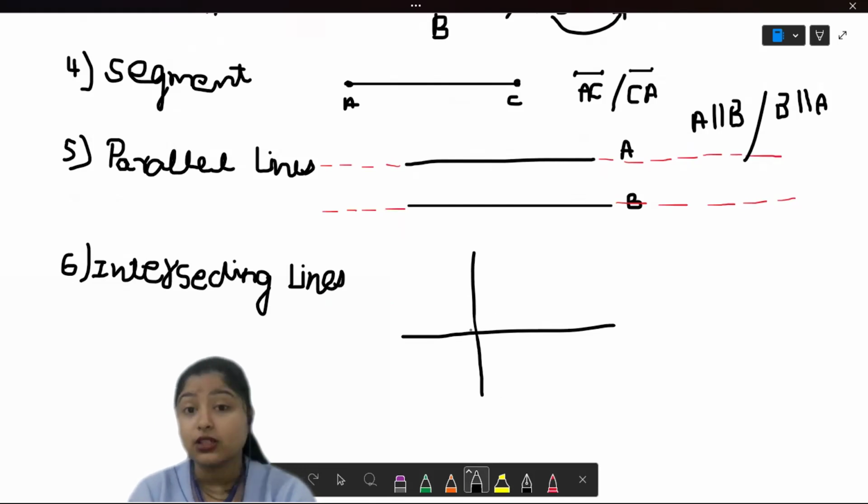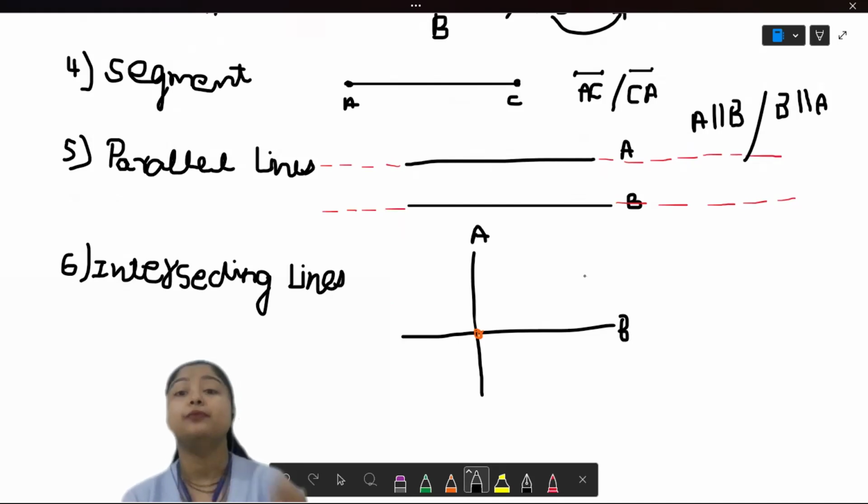If you notice, these are two different lines. Let's call this A, and let's call this B. Now you see that over here, they are meeting at a point. This is the point where they are meeting, right? So you can call them intersecting lines.